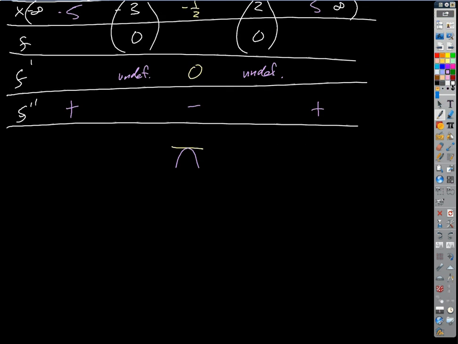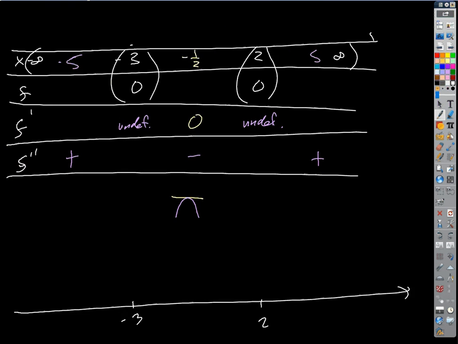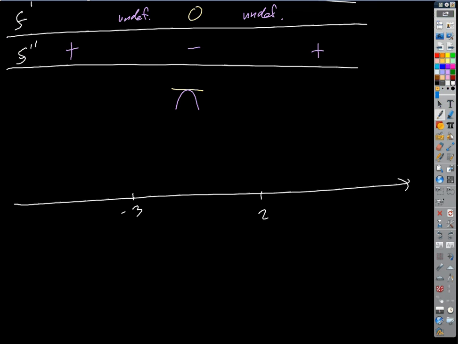Okay? And so we could graph this thing pretty easily then. What's it going to look like? So we know that the function was negative here, right? And if we wanted, we could easily plug that number in and get an ordered pair. I'm not going to do that. But that's going to be where we end up with our minimum.